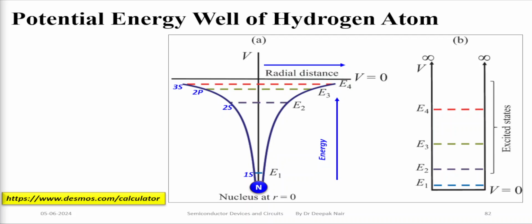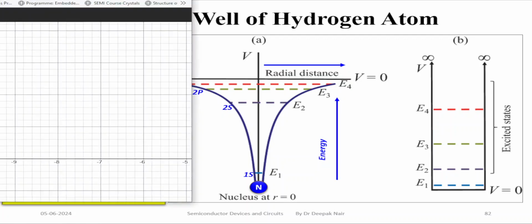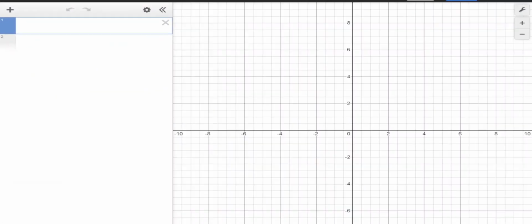Before that, let us talk about how we can get this particular diagram. For that you can use the link provided here, and let me show you. If you go to this link, you will end up with a calculator in which you can put your functions, and based on that function you can draw the behavior of that equation.